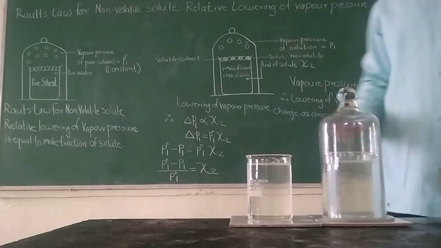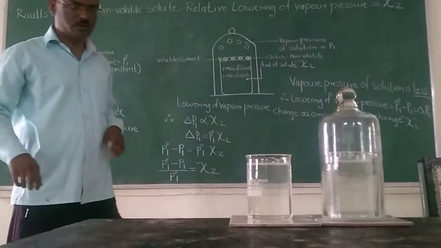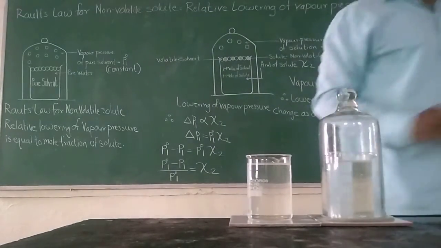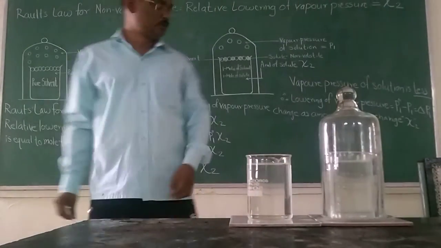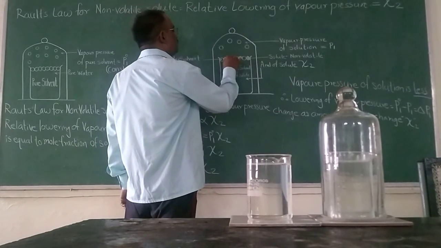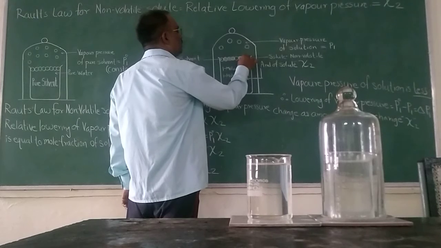Here I will show with the help of chalk what is happening by the addition of more salt. This molecule is also a salt. This molecule is also a salt.